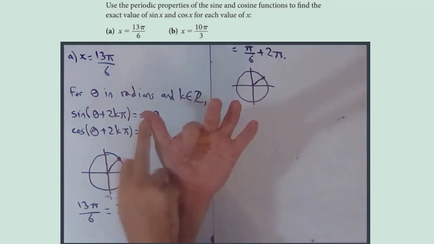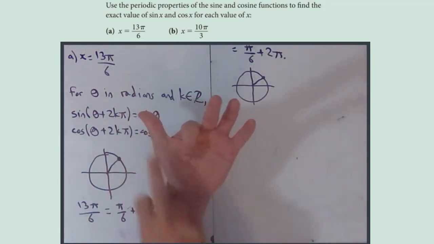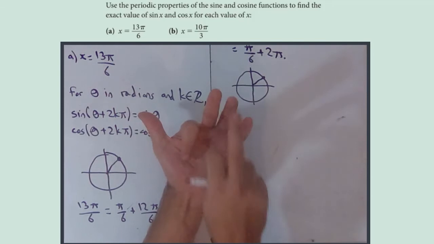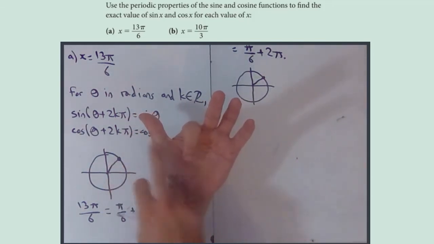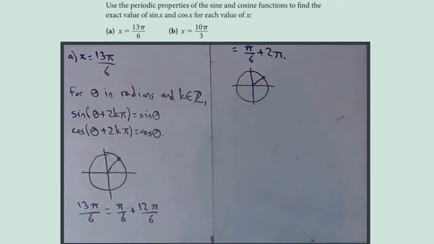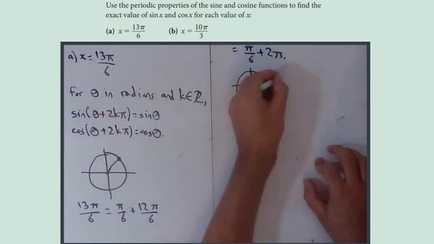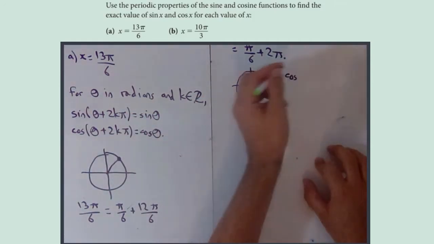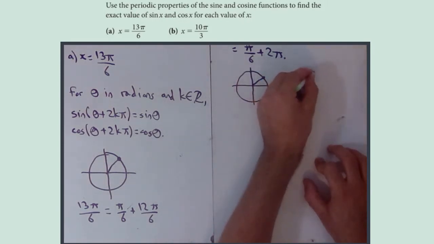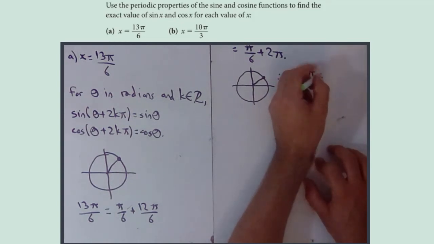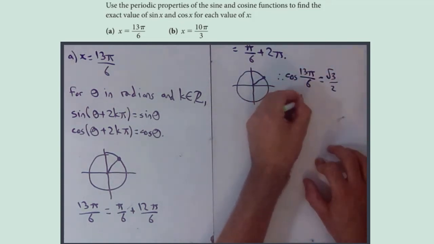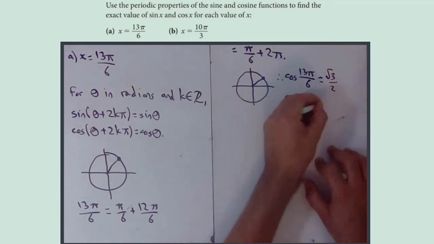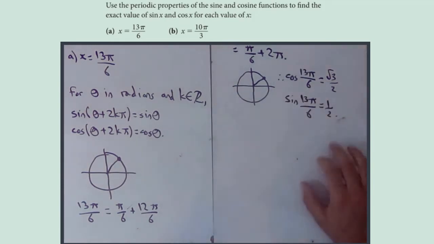Sine 30 is root 1 over 2, cos 30 is root 3 over 2. So that tells me that cos 13 pi by 6 equals root 3 over 2, and sine 13 pi by 6 just equals 1/2.